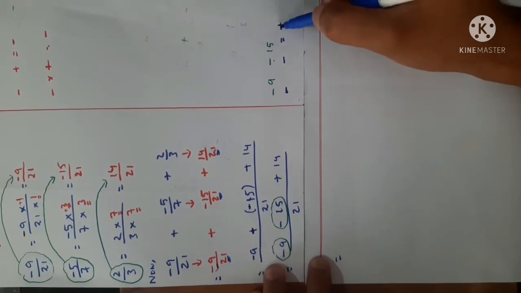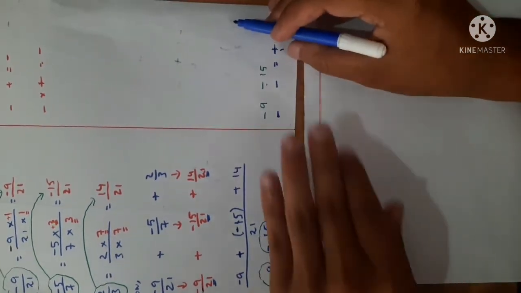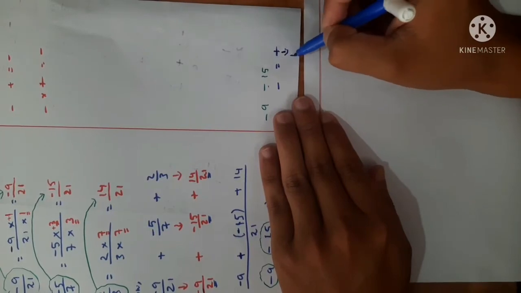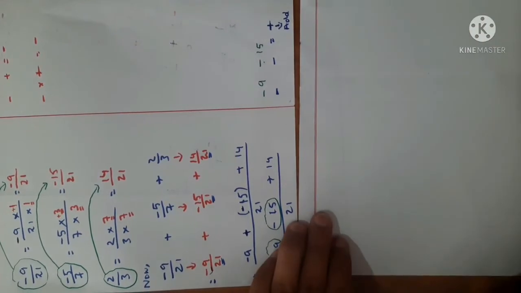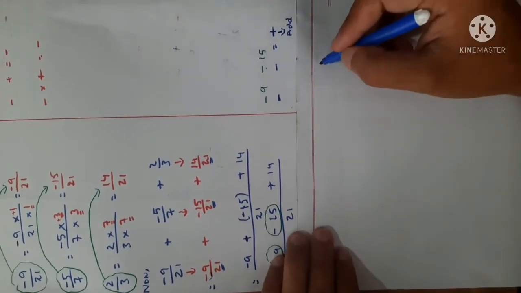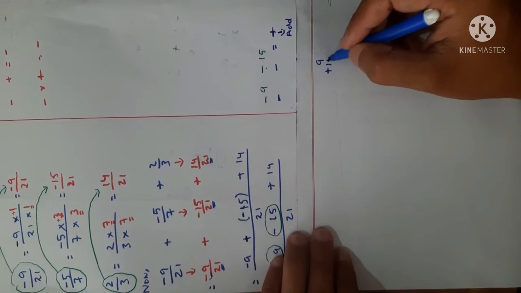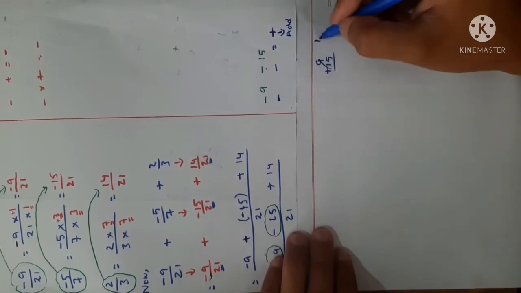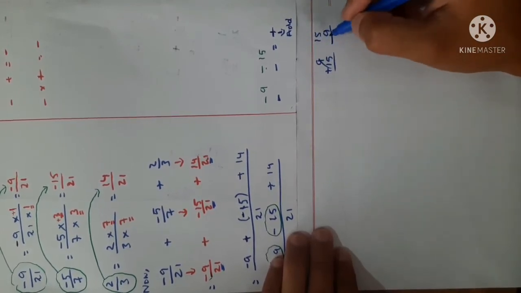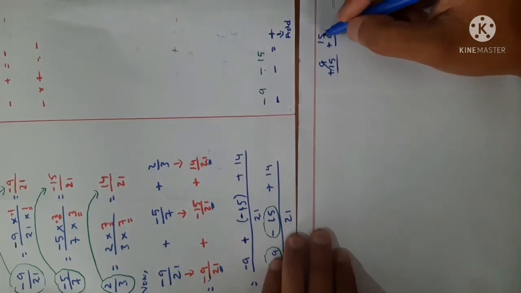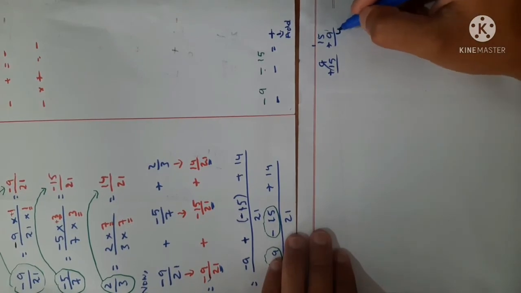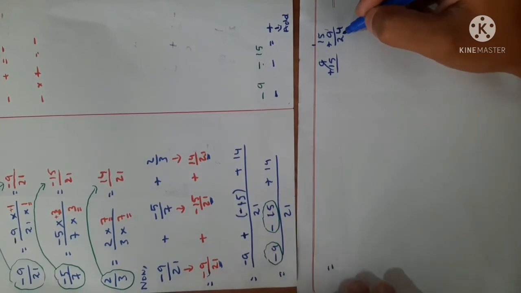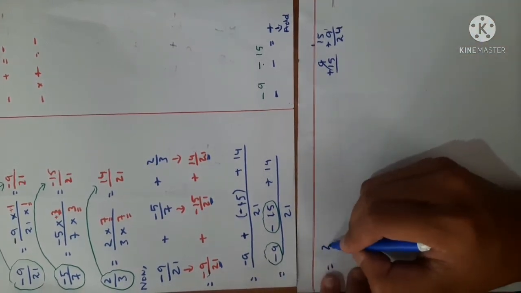This plus sign tells us that we have to add these two numbers. So 9 plus 15, how much will we get? Oh, sorry, the greater number first. 15 plus 9: 9 plus 5 is 14, carry 1, so we put 4 here. 1 plus 1 is 2. So we got 24, and we write here 24.